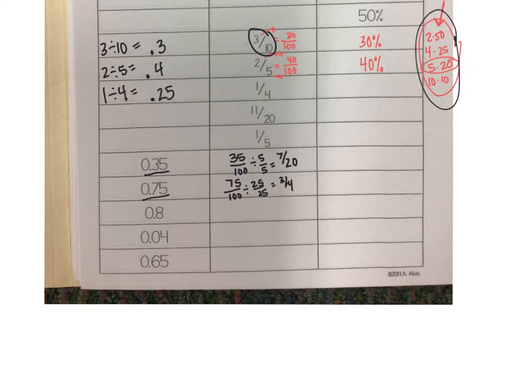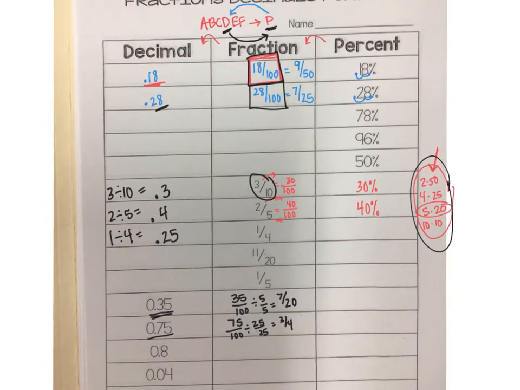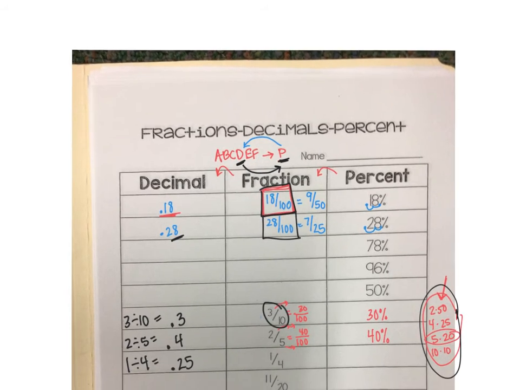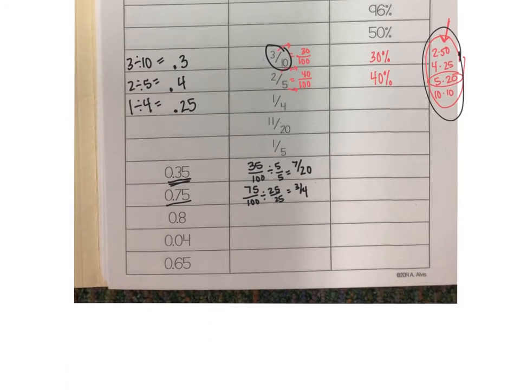Okay. And to change a decimal to a percent, this is where I sang my song just a minute ago. This is what my directions say in my interactive binder. A, B, C, D, E, F to P. When I go from a decimal to a percent, I'm moving to the right 2 places.